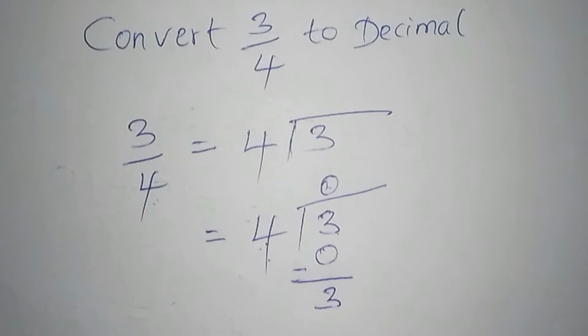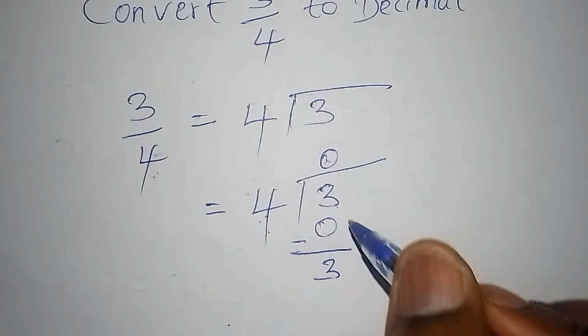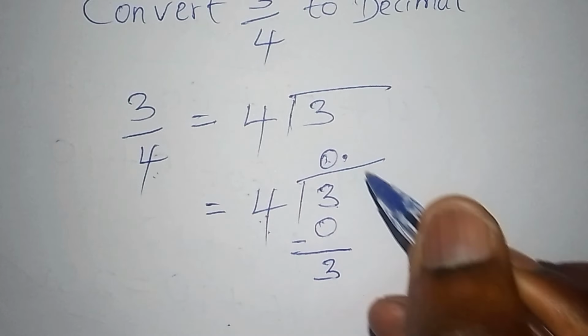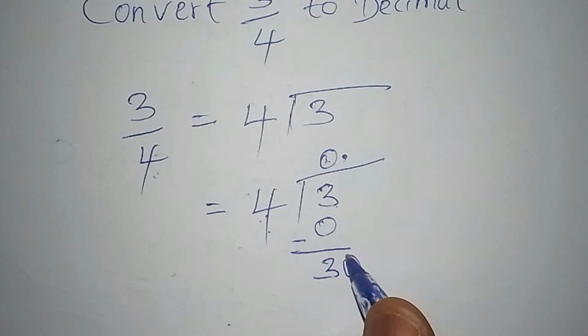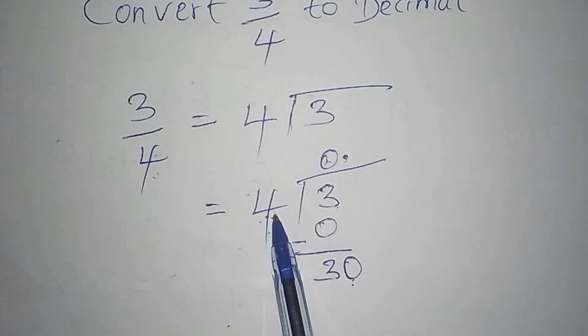So once we get 3, now we are supposed to convert this into a decimal. So meaning that the point shall be there. So now we shall add 0, and we shall assume that to be 30 now. So now we shall say that 4 can now go into 30, because 30 is a bigger number and 4 is a smaller number.